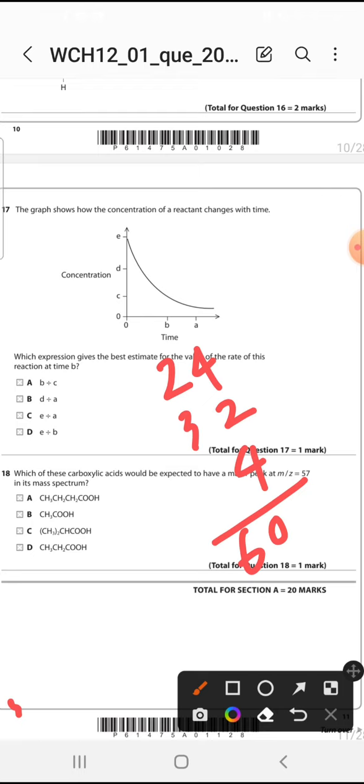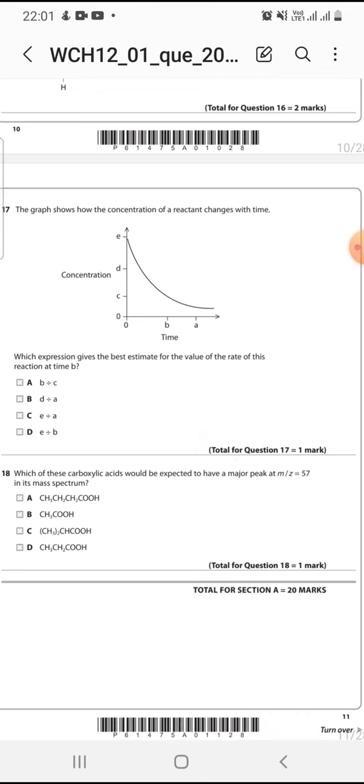This whole question is related to fragmentation patterns. Molecules get fragmented, and fragmentation is more likely to happen at the functional group. So you can omit B, but the others are a little different.